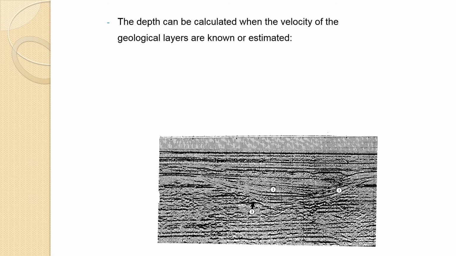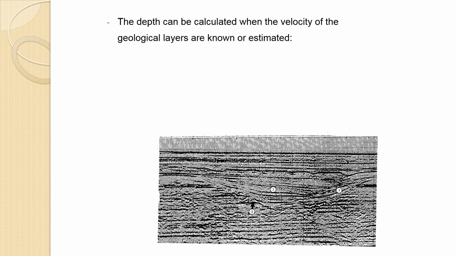Okay, this is another example, and if we look at the depths, they can be calculated. The depth or the thickness of any specific layer can be calculated when the velocity of geological layers is known or estimated. And here we have to think about what makes this calculation difficult.